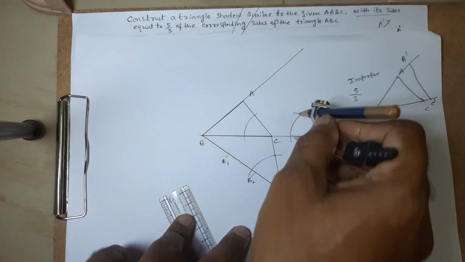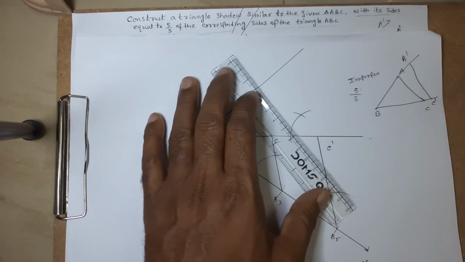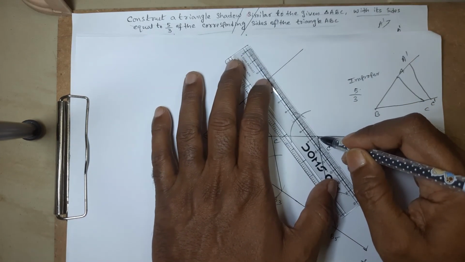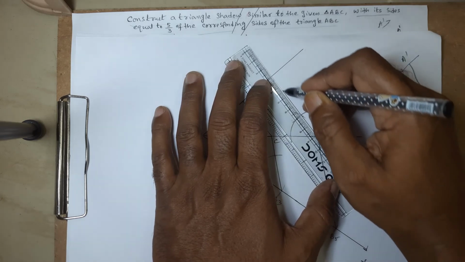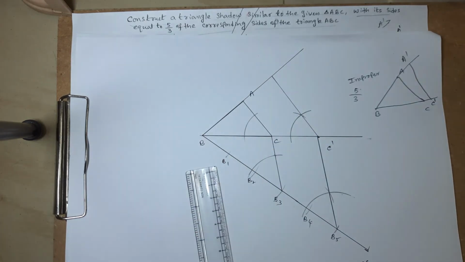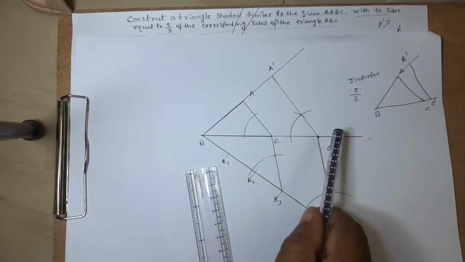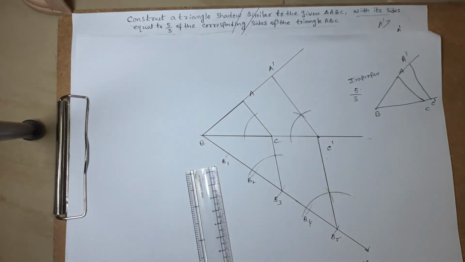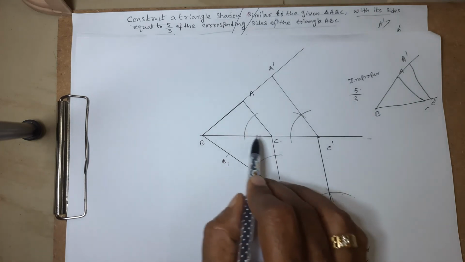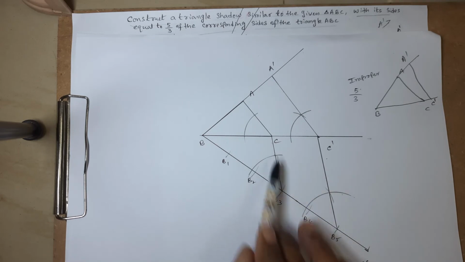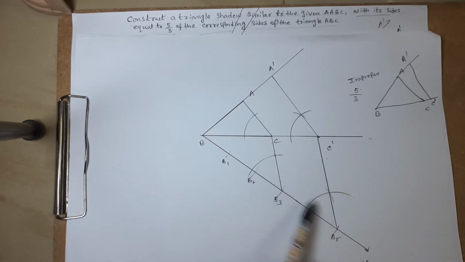Sorry, just cut the previous arc. Again same process, from C' to these intersecting points of the arcs, just join. So this is A', this is C'. Now A'C' and AC are parallel. Why are they parallel? These two angles are corresponding angles. Why are these two lines parallel, B3C and B5C'? These two are corresponding angles. We have taken them with the same measures.